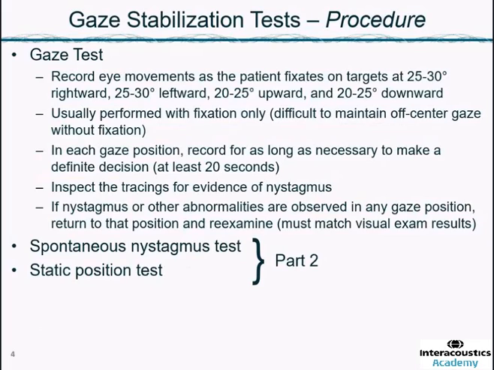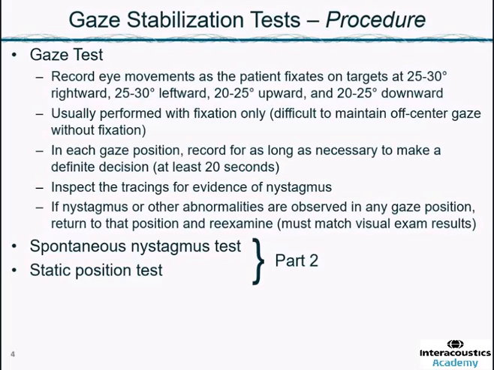And we do examine the eyes without fixation in the position test and other parts of the VNG, so I don't find it necessary to do this here. But of course, it's up to you. You can do it; it doesn't cause any artifact or misinterpretation, but generally it's enough to do it with fixation.